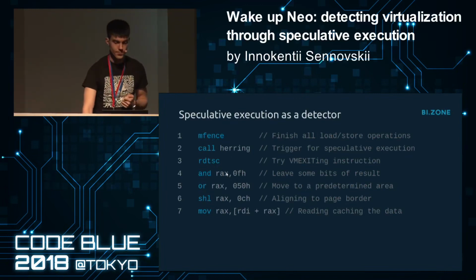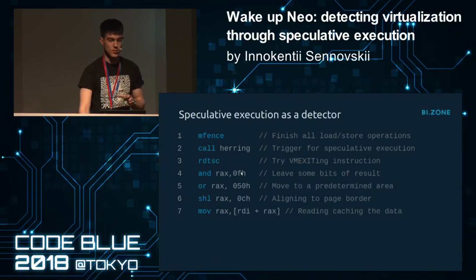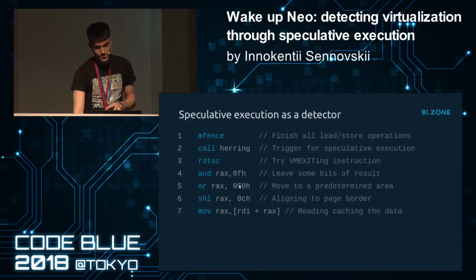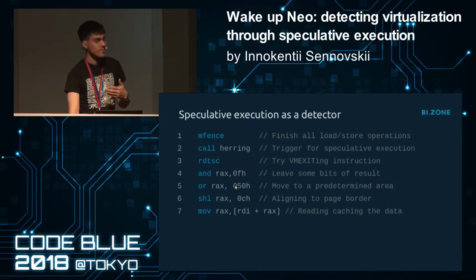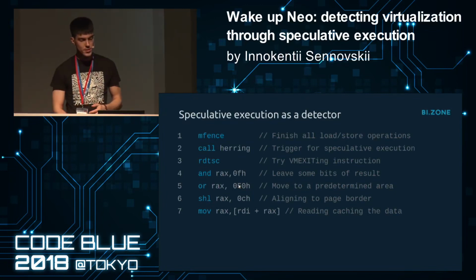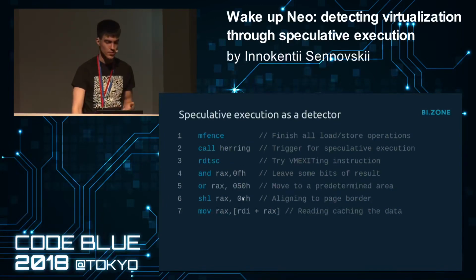Then we cut some of the data out so that we only have the last 4 bits. We need to collect some of those bits so that speculative execution can't go past RDTSC if it's not executed. We add 0x50 to it so that we predetermine a region which is going to be accessed, and then we align it to the page border and read from there.